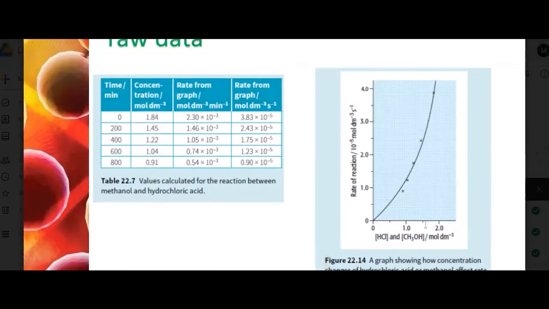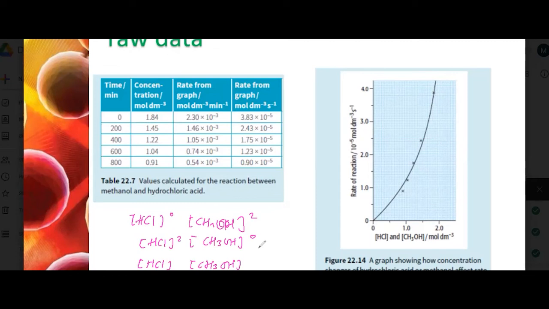But the question is, is it second order to HCl and zero order with methanol, or the opposite, second order with methanol and zero for HCl, or first order for both HCl and methanol? There are three possibilities, like this, or like this, or could be like this.